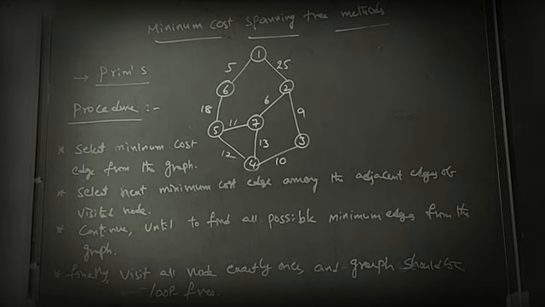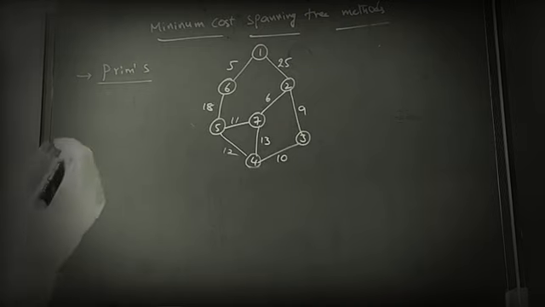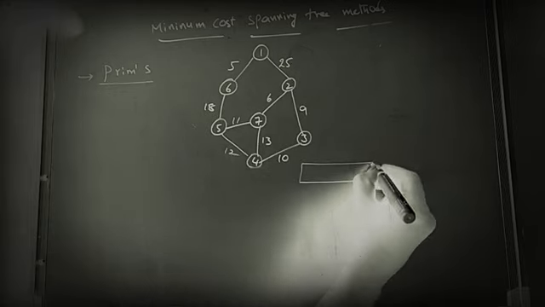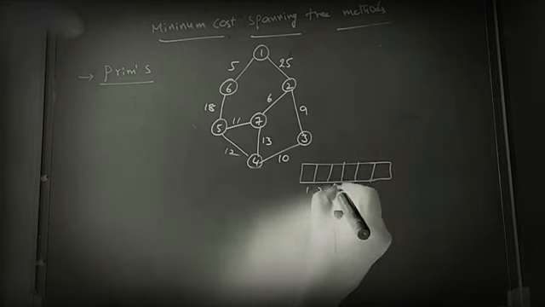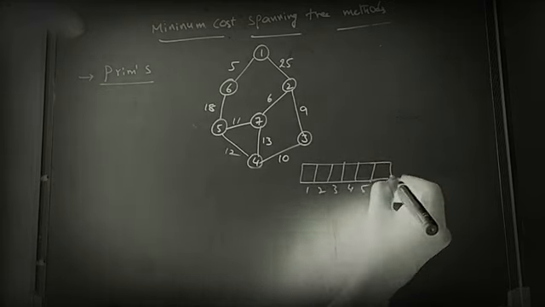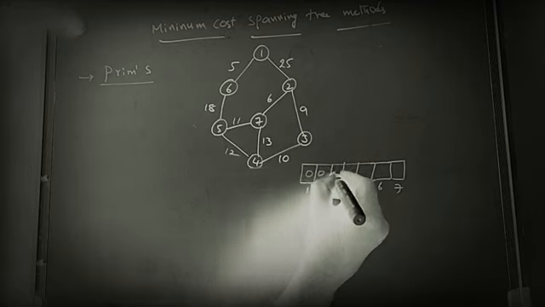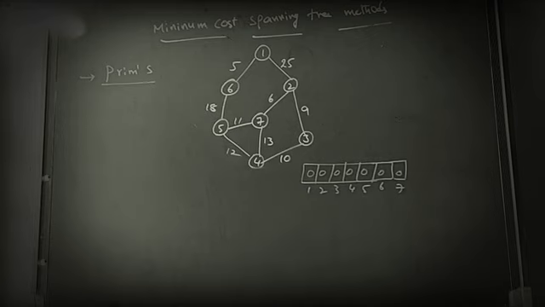Now let's take an example of how this procedure is implemented on this graph to find the minimum cost. First step is to take a visited list. The condition is you need to visit each vertex only once. Initially all the states of the vertices are 0, as we discussed in BFS and DFS.